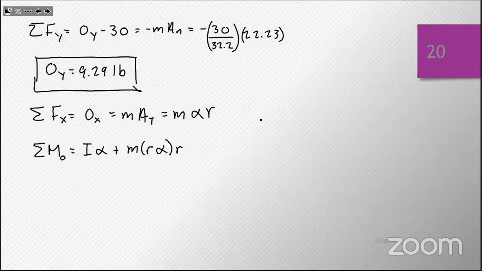All I did was substitute in r alpha for a sub t. And this is equal to 0, because the sum of my moments is 0. If I take it at O, I don't see any moments. So you can do some algebra, and it turns out that both of these terms have alpha in them. So this is just going to be I plus m r squared times alpha, equal to 0. So alpha is equal to 0.